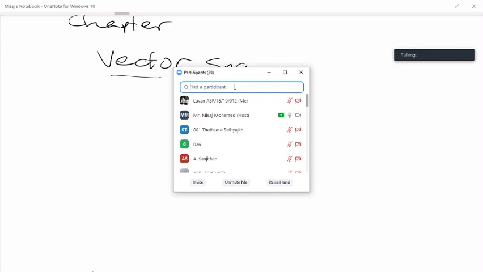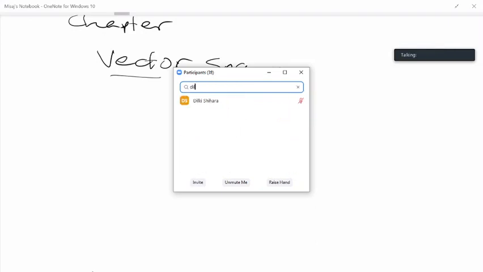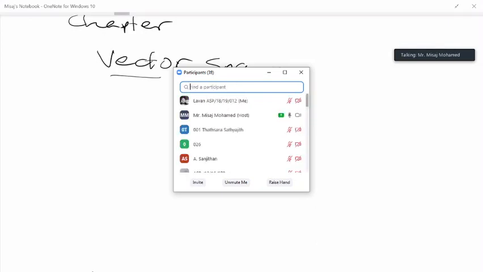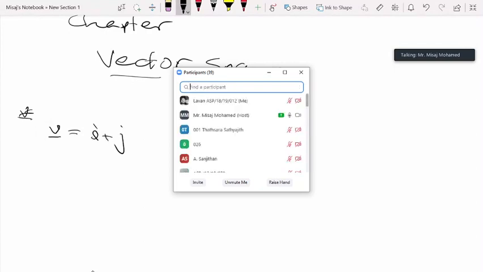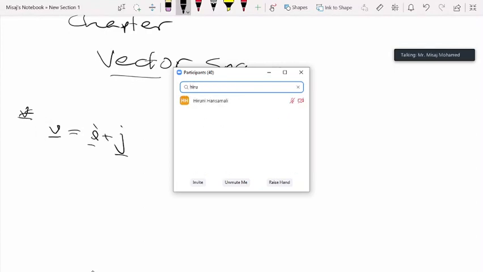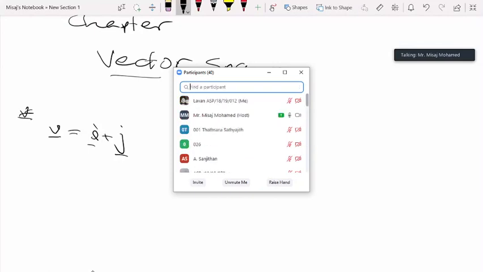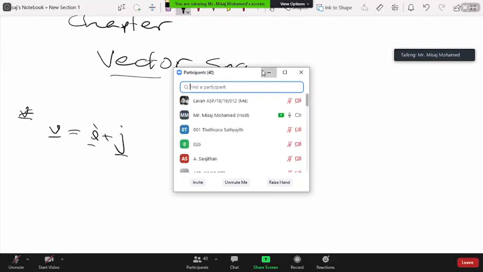Normally vectors we denote, say for example, vector v is i plus j, or vector u is equal to 2i minus 3j. These are called vectors, isn't it?